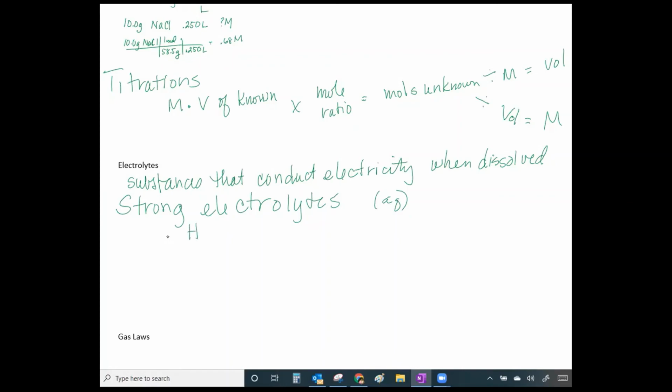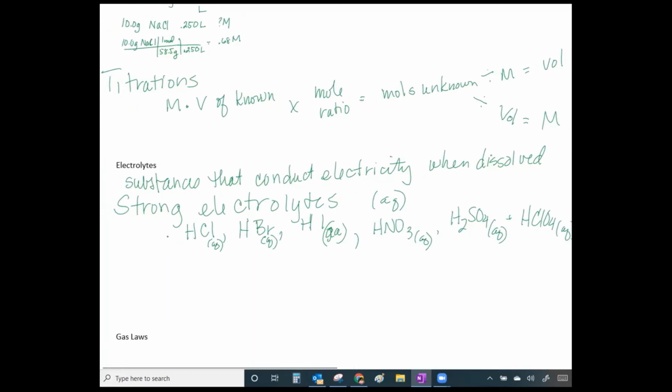Strong acids are hydrochloric acid, hydrobromic acid, hydroiodic acid. I should be doing AQ next to each of these. Nitric acid, sulfuric acid, and perchloric acid.